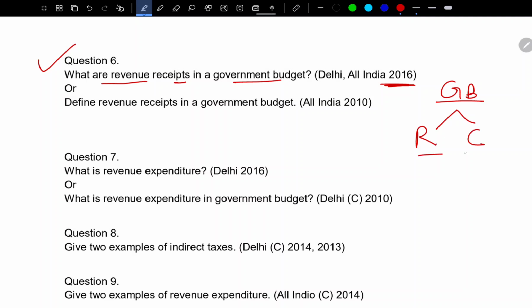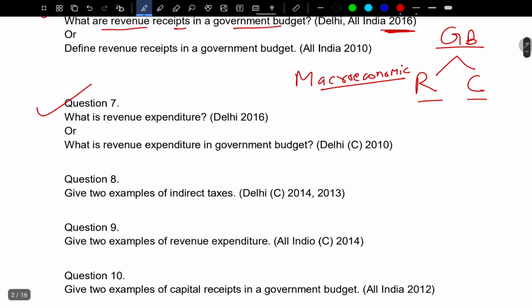I have discussed all these things in my macroeconomics playlist, so you can go through it, and there you can get all the chapters along with the notes, and it will really help you in knowing what things we have to read. I have discussed the concepts in a very brief way, and you will be able to get through all these concepts very easily, and the examination is very simple.